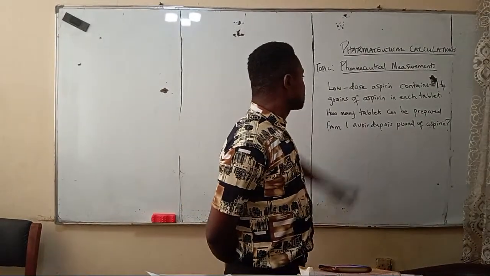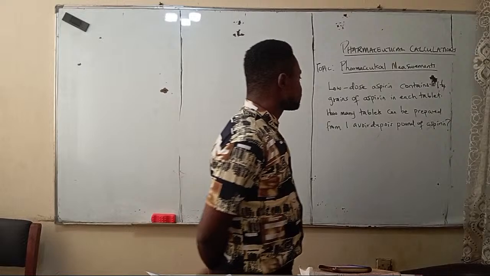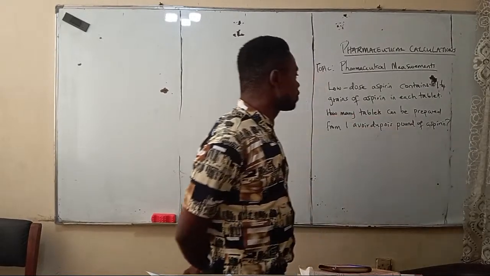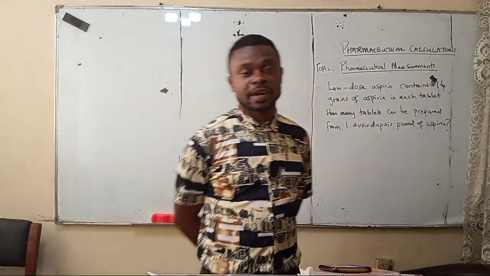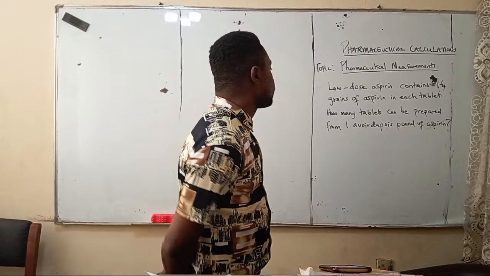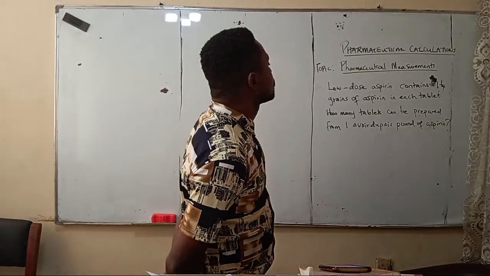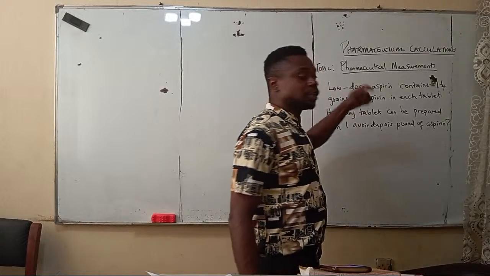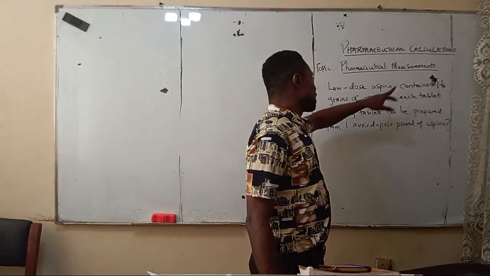Both avoirdupois and grains belong to the imperial system of measurement, or common system of measurement. So we want to know the relationship between avoirdupois and grain.